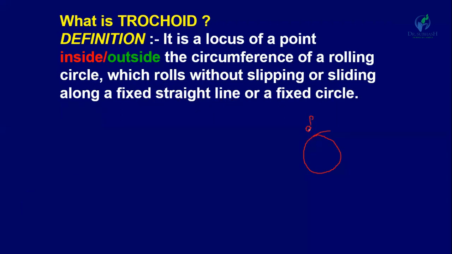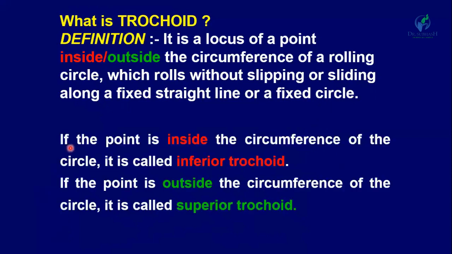The path of this point P is known as the trochoid. If it is outside the circle, it is known as the superior trochoid, and if the point is inside the circle, it is known as an inferior trochoid.